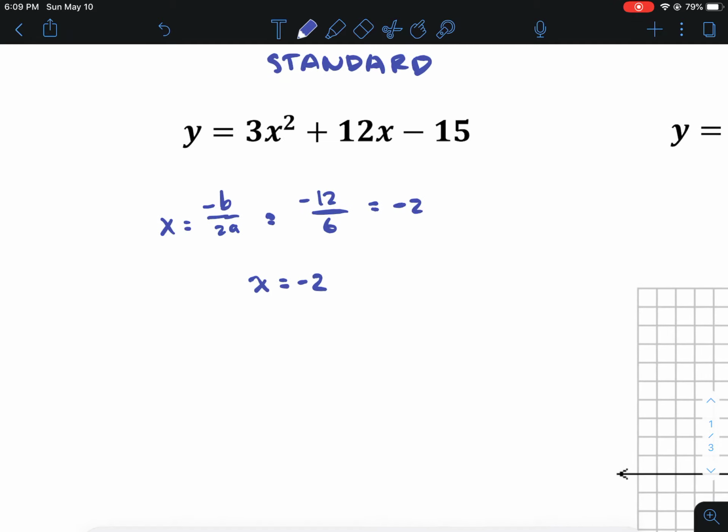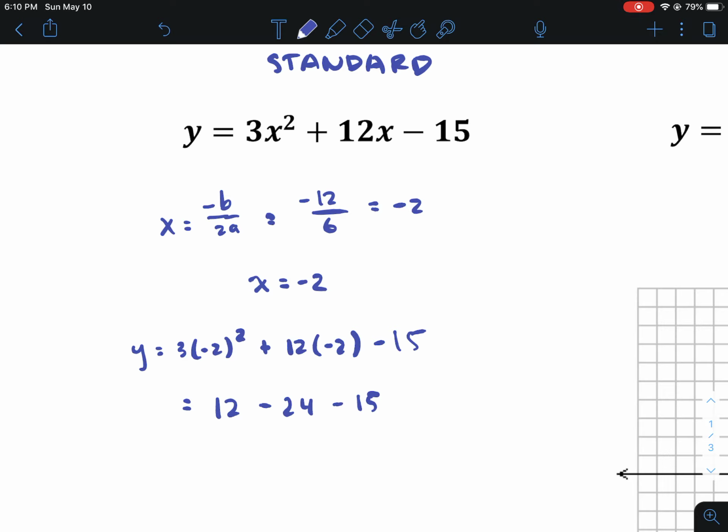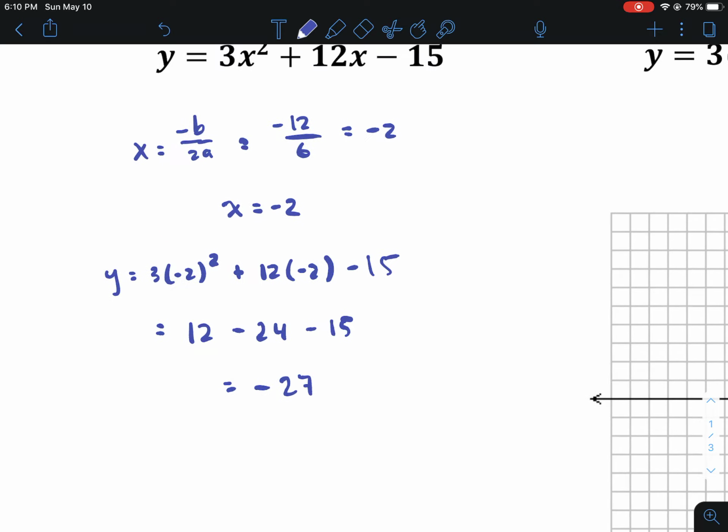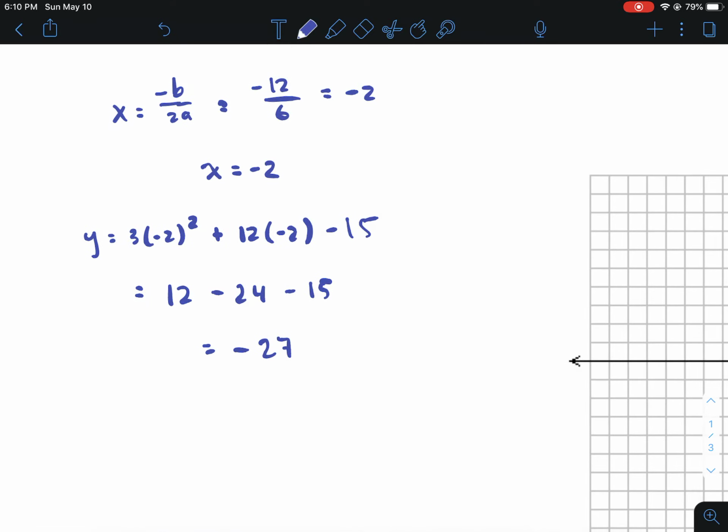To find the vertex, I'm going to plug in negative 2 to find the y value. 3 times 4 is 12, minus 24, minus 15 equals negative 27. So my vertex is negative 2 comma negative 27.